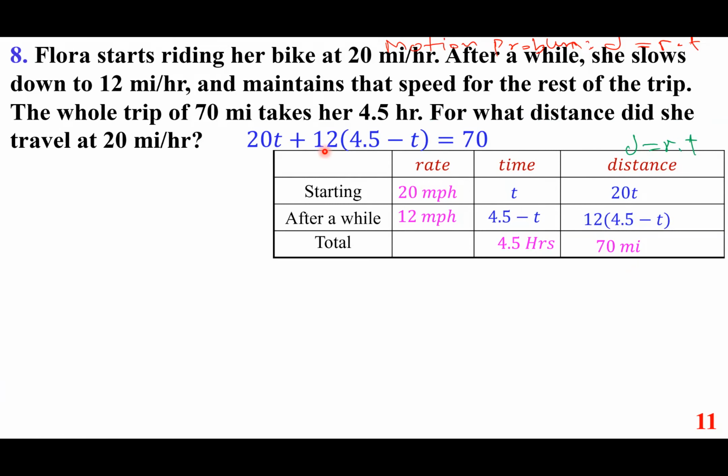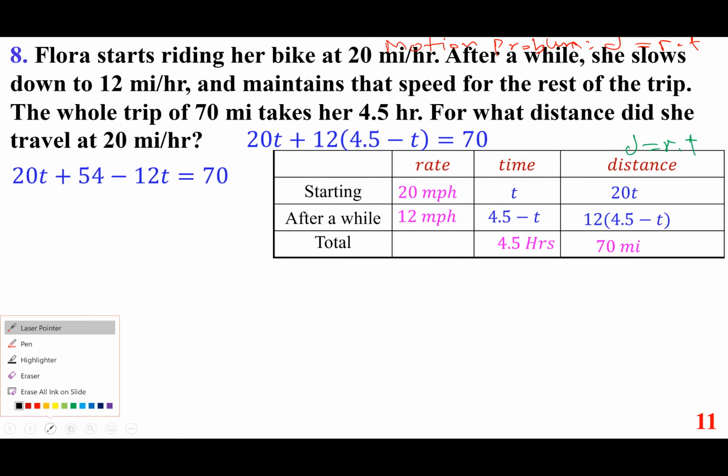All you have to do, just distribute 12. 12 times 4 is 48. Half of that is 6. They add up to 54. This is minus 12t. 20t and minus 12t is 8t.